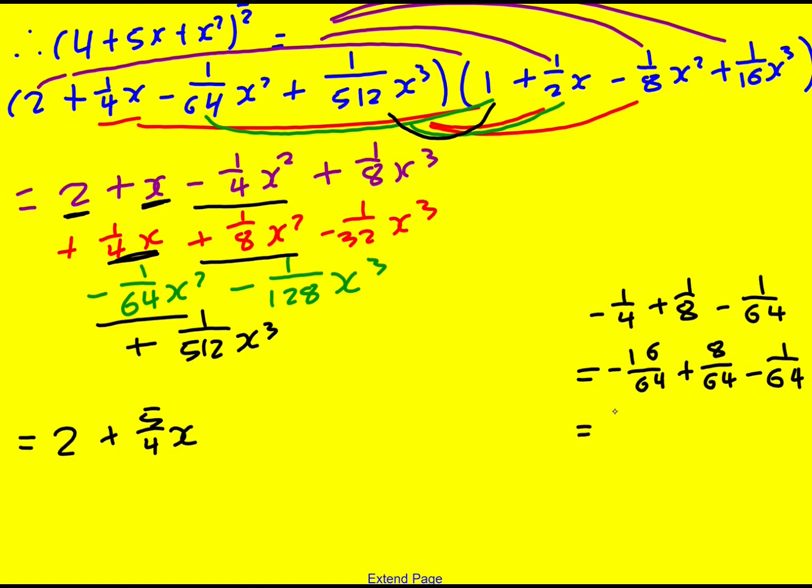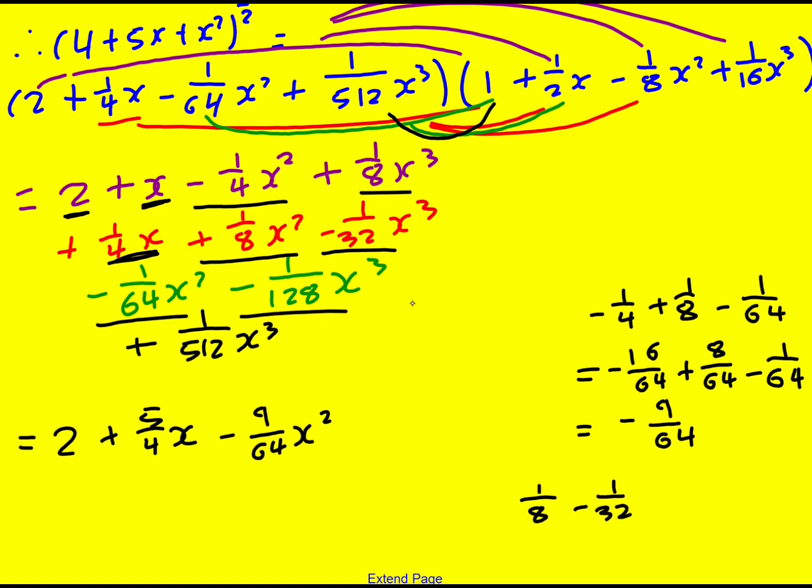This gives 8 minus 17, so minus 9 over 64. Okay, and if you look at the answer, that is correct. Then that just leaves us with the x cubed terms. So we've got 1 over 8 minus 1 over 32 minus 1 over 128 plus 1 over 512.